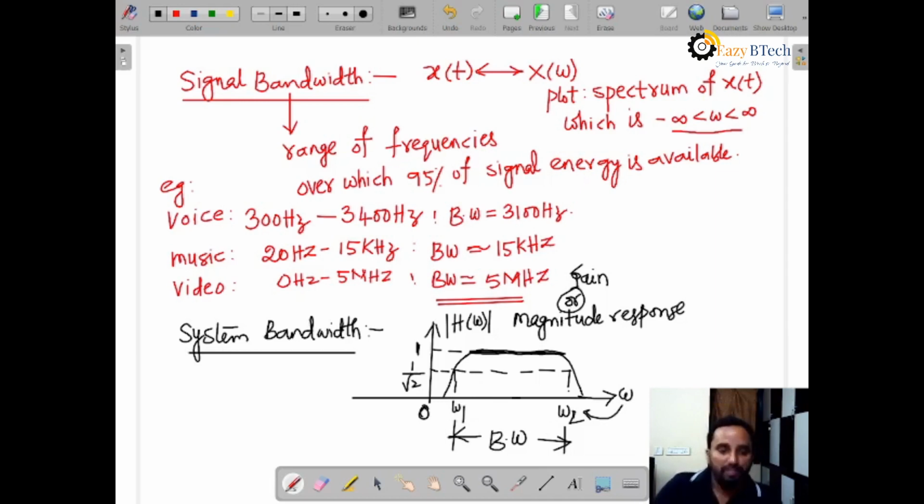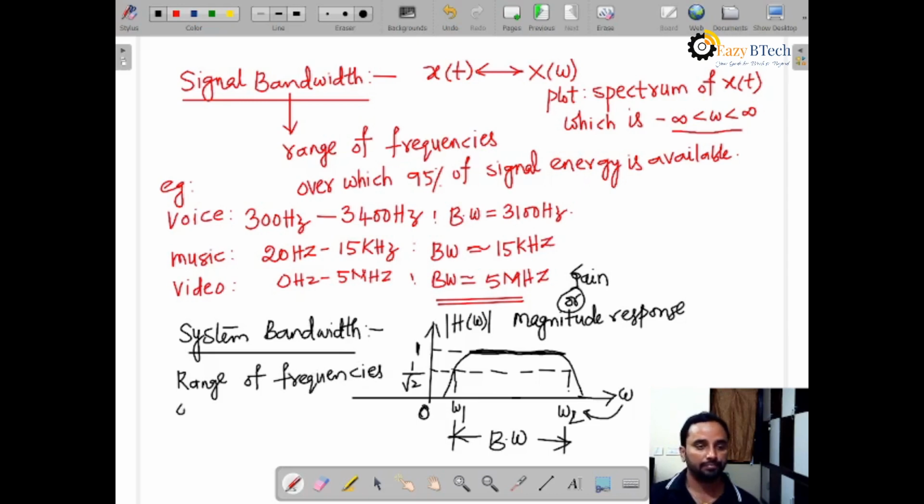Now the bandwidth definition is the range of frequencies over which the gain of the system is constant.